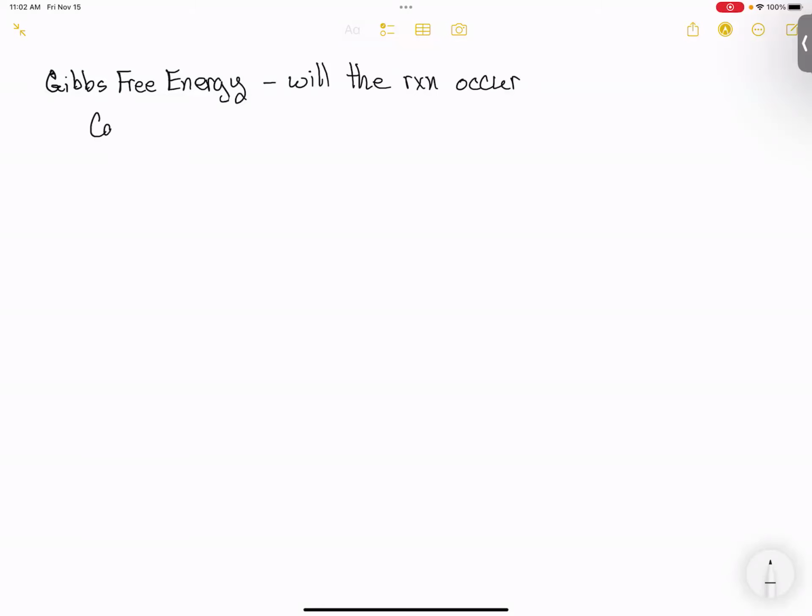We can calculate Gibbs free energy using a few different methods.